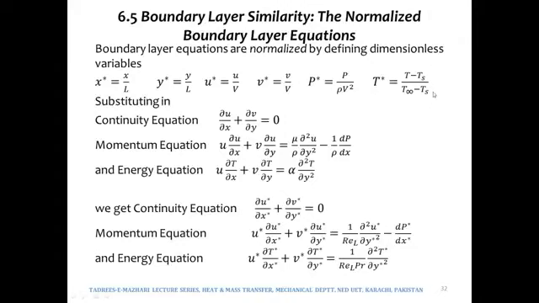And this t star shouldn't be new for you, because we have discussed this ratio while we were discussing the thermal boundary layer, where this ratio would approximately be equal to 1 if we are near the end of the boundary layer.